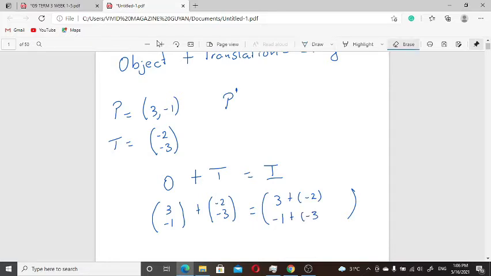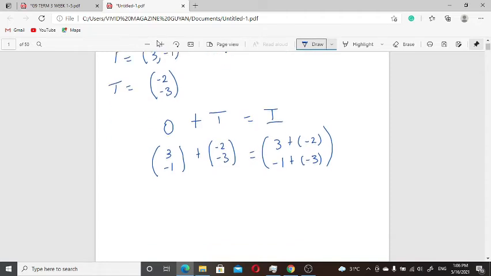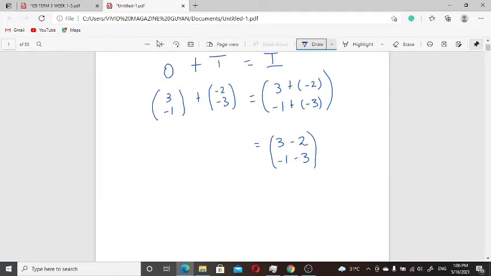Now, like I've told you before, you should be making use of your calculators so you become comfortable with it. So this is equal to 3 minus 2 and -1 minus 3. Now I'm doing this for persons that don't have a calculator, but I'm going to take it that you're going to pause this video, go and get a calculator or probably use your phone, and follow through.